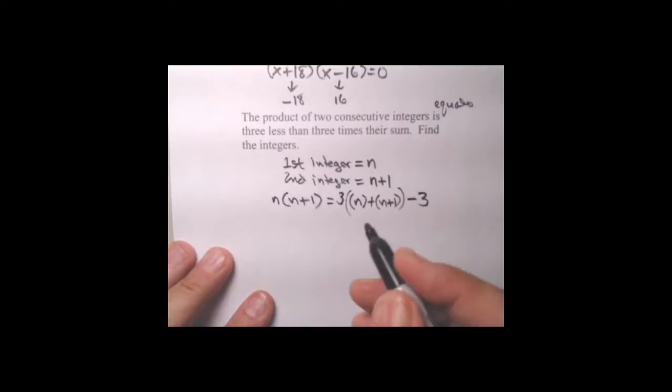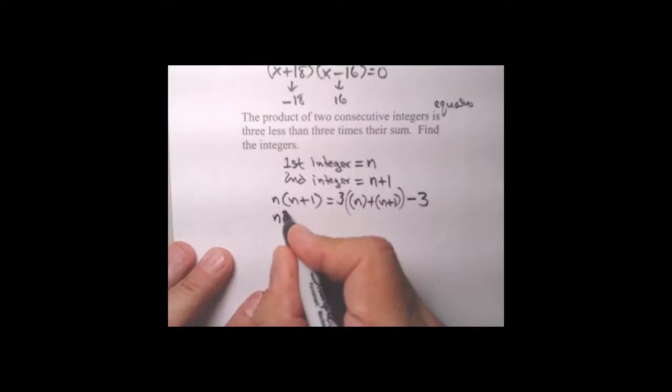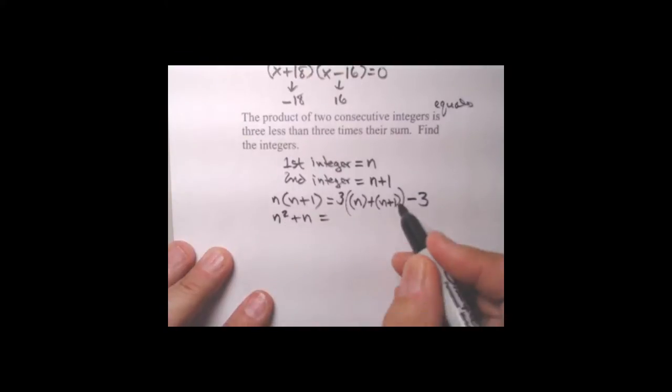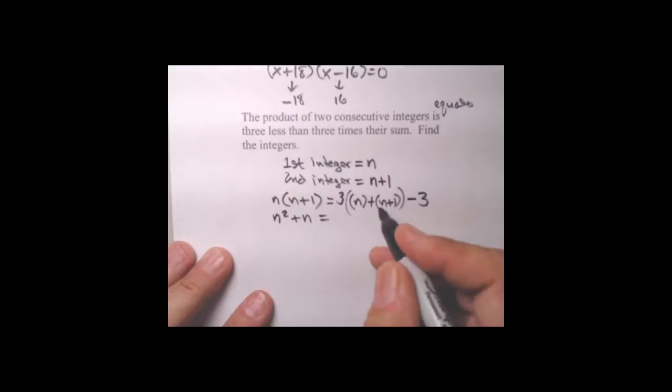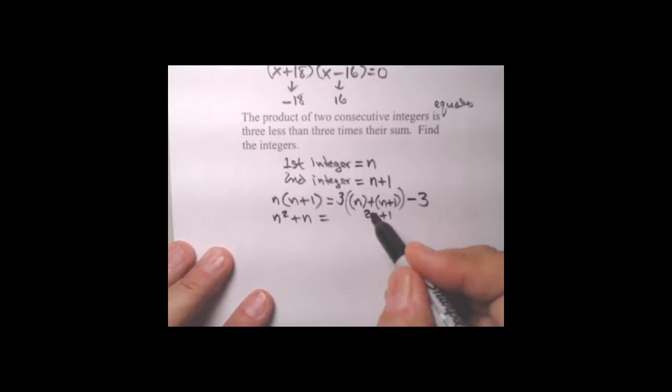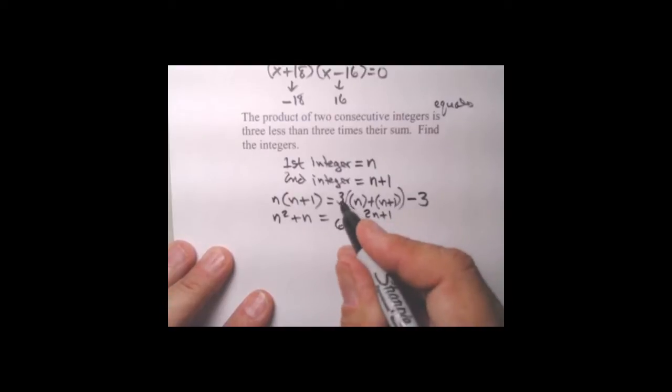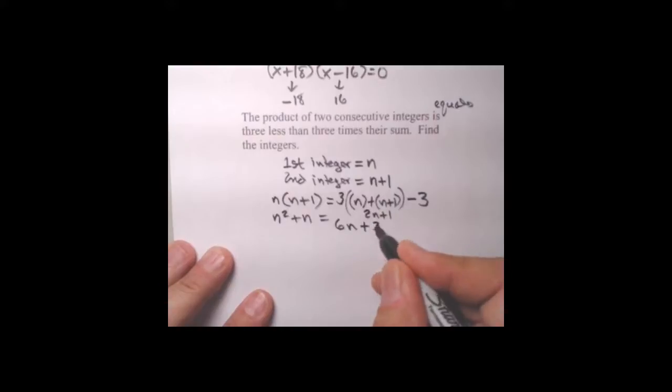Well, let's clean this up a little bit. The left side here is n squared plus n. Over here, if I add these guys together inside the big set of parentheses, I get 2n plus 1. So if I distribute the 3, I'm going to get 3 times 2n, which is going to be 6n. And 3 times plus 1 will be plus 3.